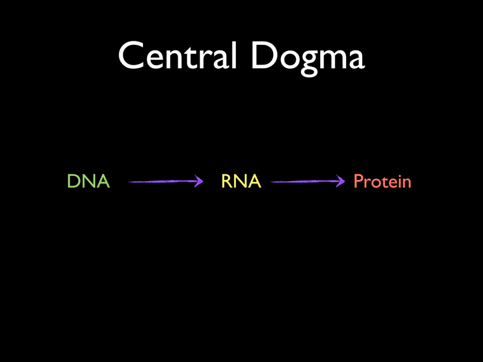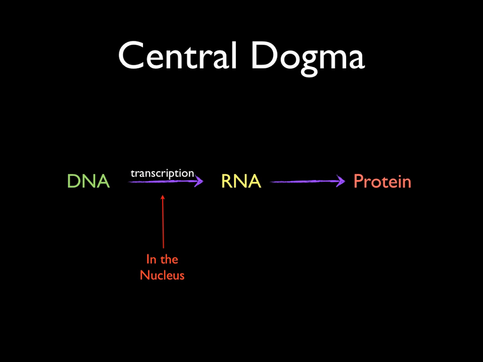So, we already learned about this idea, the central dogma, which basically tells us how genetic information flows through the cell. It starts out as DNA, and then through a process called transcription, which happens in the nucleus, a gene is copied as RNA.